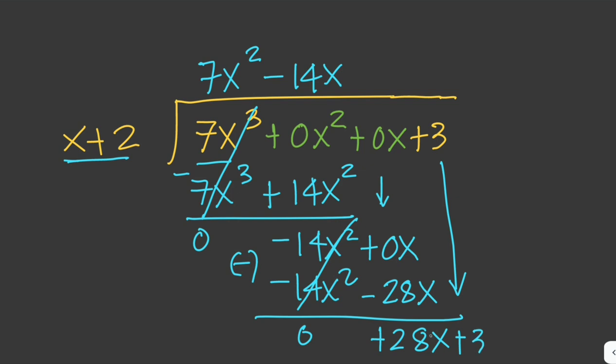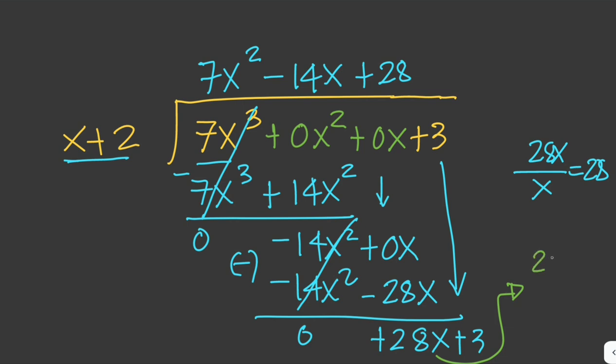Now we can divide 28x by x. This would give us 28, so we write plus 28 here. 28 times x plus 2 is 28x plus 56.